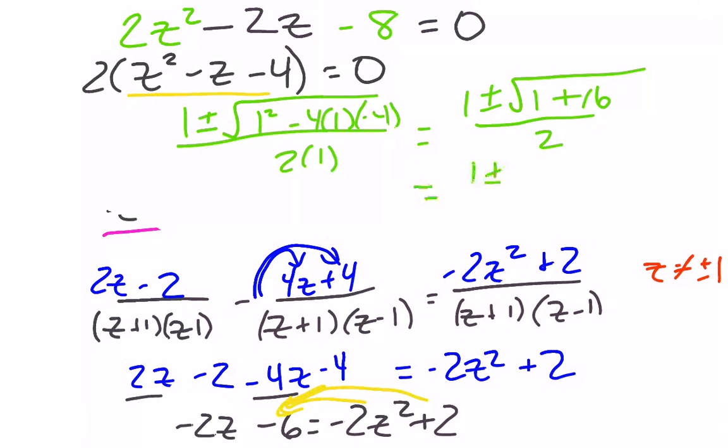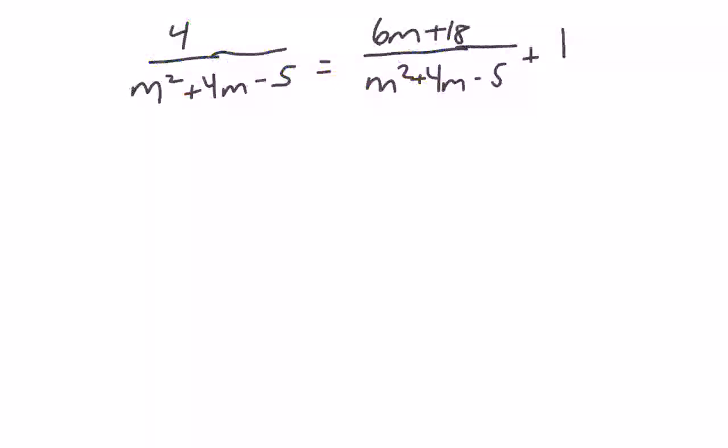So 1 plus or minus the square root of 17 over 2. Yuck, yuck, yuck. That's my final answer. That is definitely not equal to positive 1 or negative 1, so I know that it will be my solution. Whew. So sometimes we have to use the quadratic formula. That was pretty hideous. Probably won't have one of those on your test.